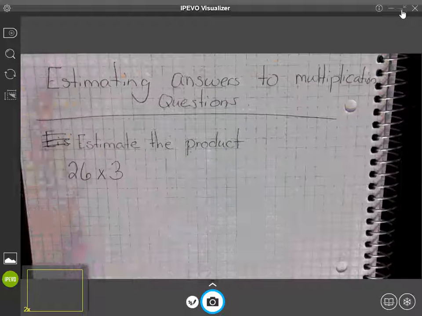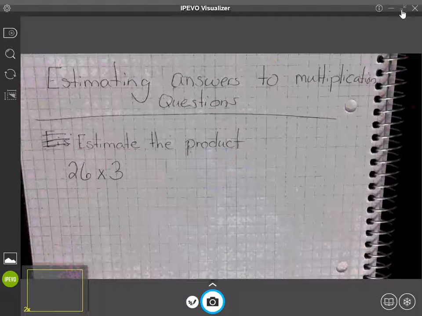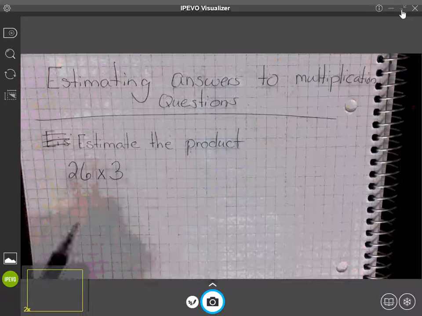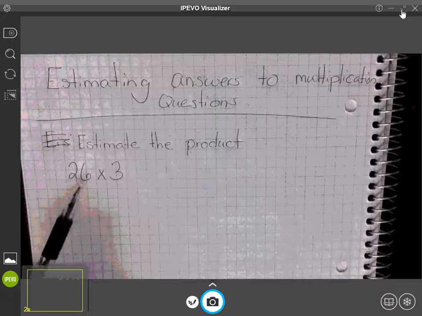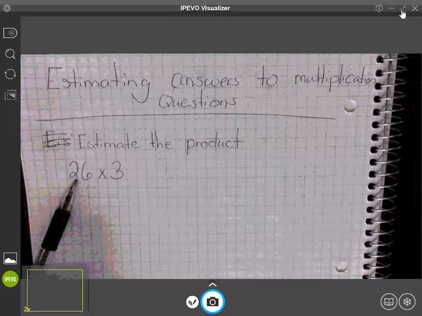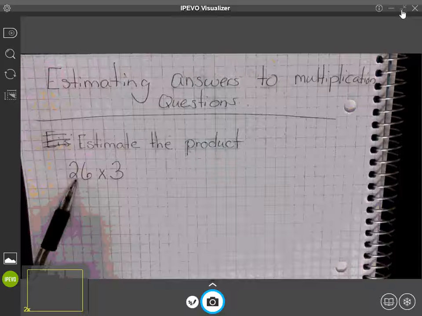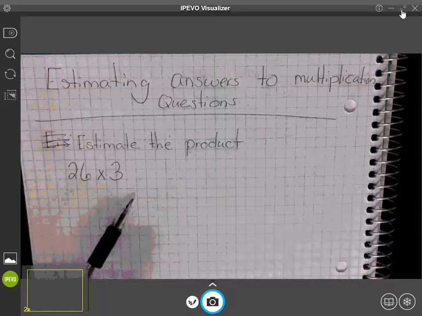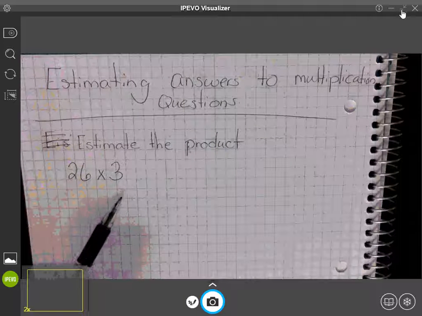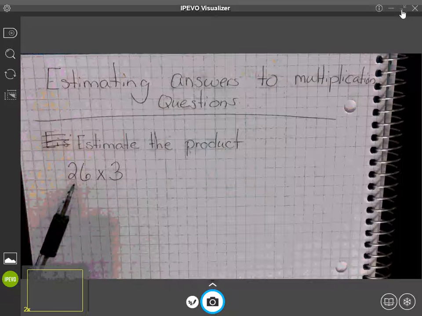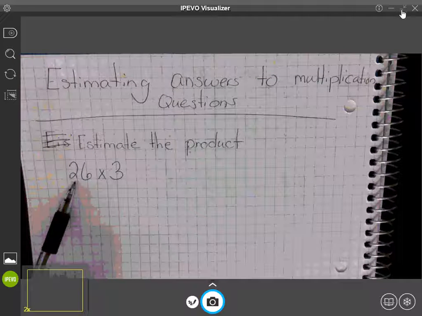We're going to find the estimated answer. So when you are looking at a 2-digit by 1-digit like this one, you only round the 2-digit number. You do not round the 1-digit number. You're always going to round this 2-digit number to the greatest place.